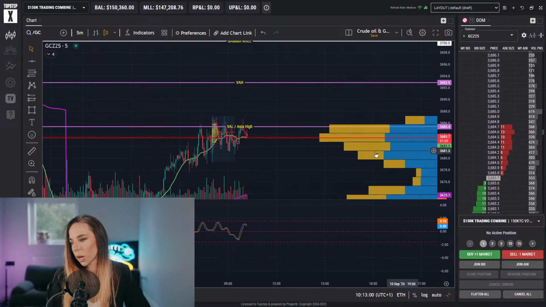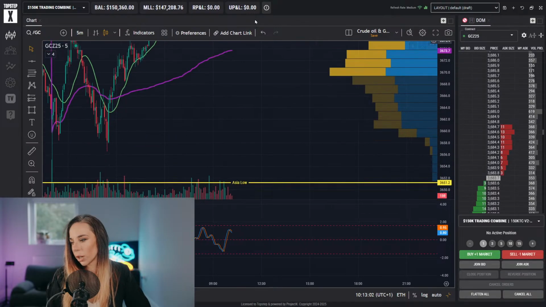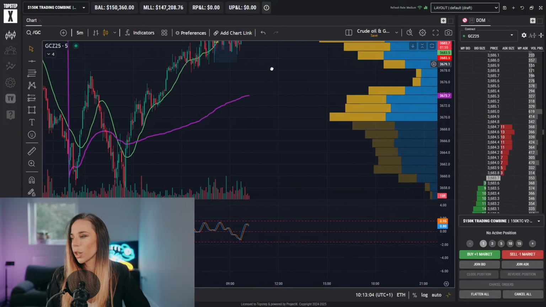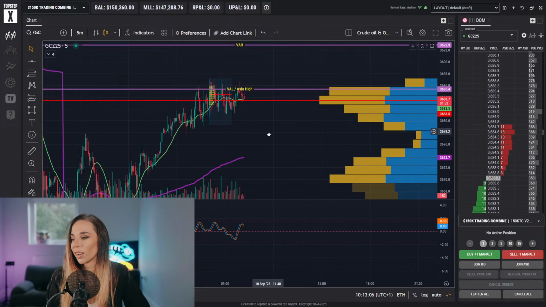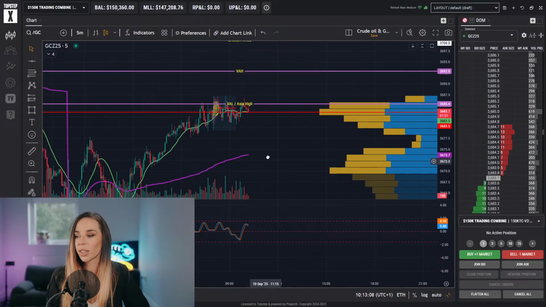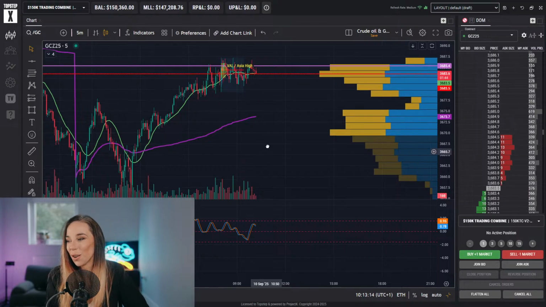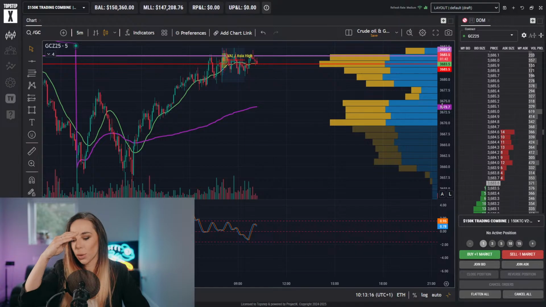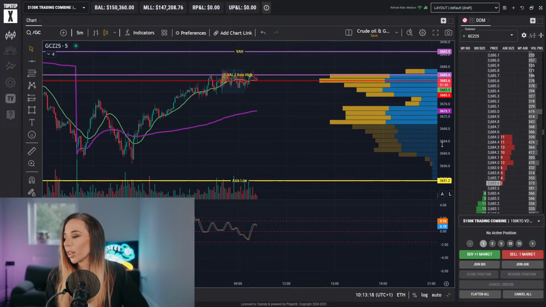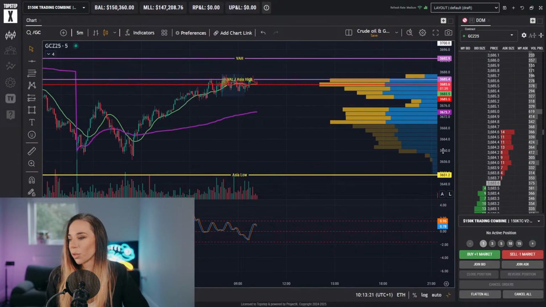What happened to my Asia high? Oh, this is the 5-minute chart. I'm so used to looking at the 30 minutes that I'm like, where did it go? Because usually on a 30-minute chart, this area would be already Asia low, and it's all the way down there. Oh my god.